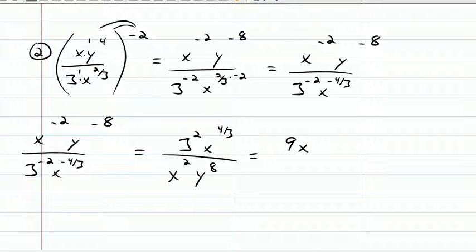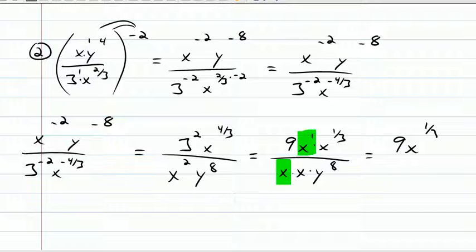We'll go x to the first times x to the 1/3 to help us simplify, over x times y to the 8th. We see that this will cancel out this. So that's 9x to the 1/3 over x y to the 8th.